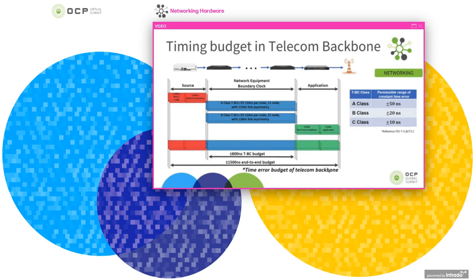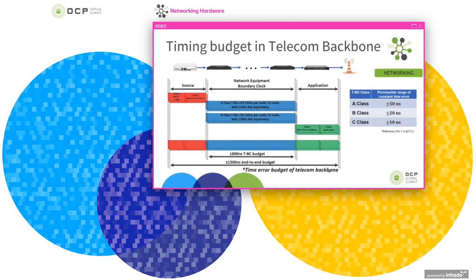The telecom organizations, like 3GPP or ITU-T, have defined an overall timing budget for the telecom backbone. In this slide, you can see the overall budget is 1500 nanoseconds end-to-end. You can see it separated into three sections.